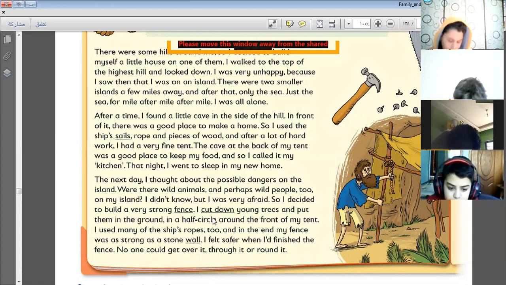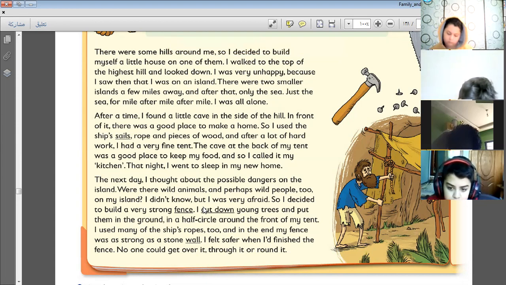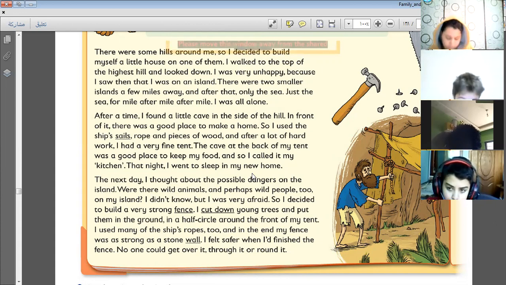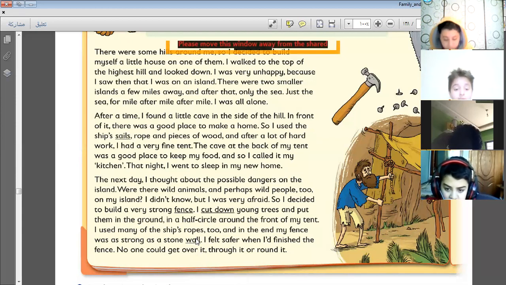Half circle. I used many of the ship's ropes too, and in the end, my fence was as strong as a stone wall. This is a simile. My fence was as strong as a stone wall.